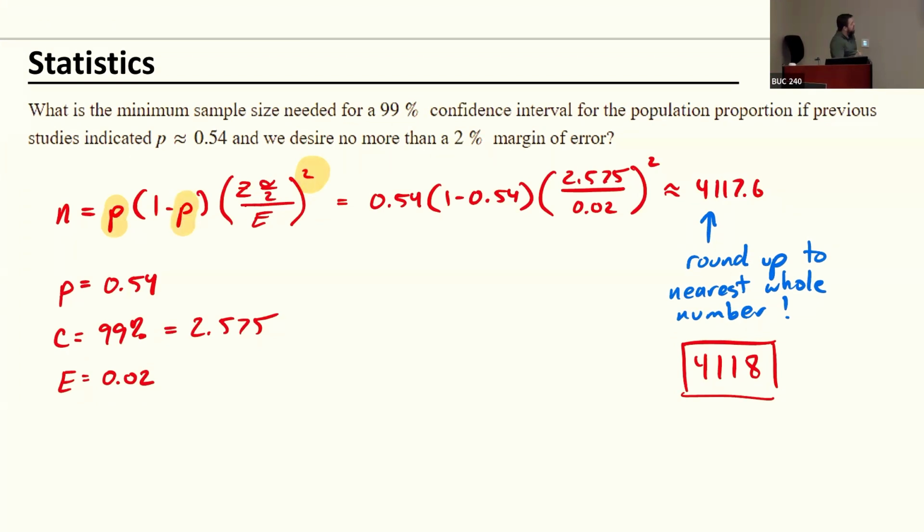So I put that in. And then I ask, where do I find that critical z value? Well, that's going to be in my book. The z value I'm looking for is for 99%, and I know that 99% is 2.575. That's the number I'm looking for.